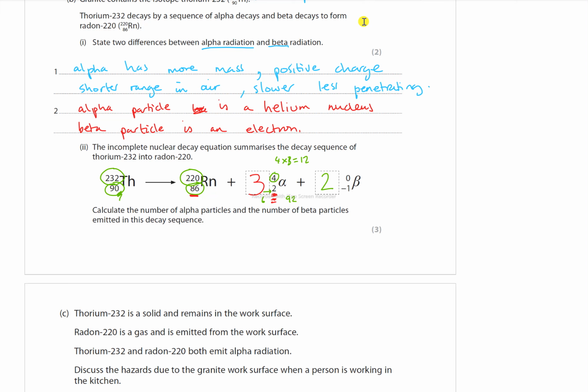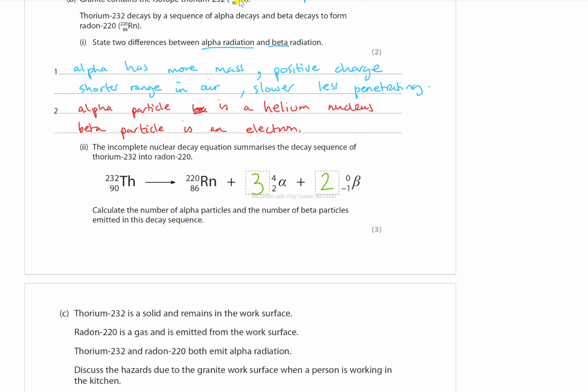Right, let me rub all this out. Oh, did I just rub that 3 out? If you now tot up the numbers yourself, you will see that they add up.